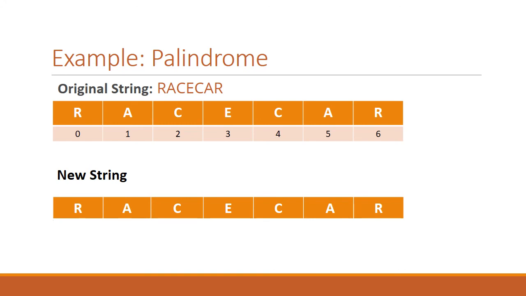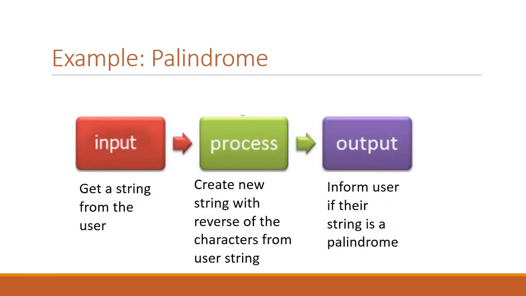After we've appended all of the characters in our original string to the new string, we are ready to check to see if the new string equals the original string. For our program to determine whether a string is a palindrome, we want to look at the input, process, and output.